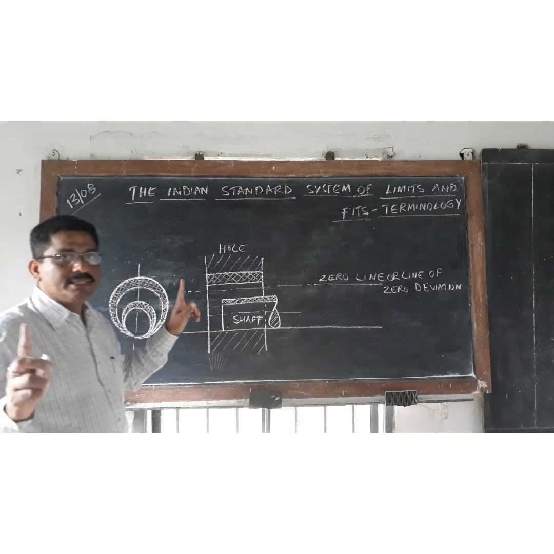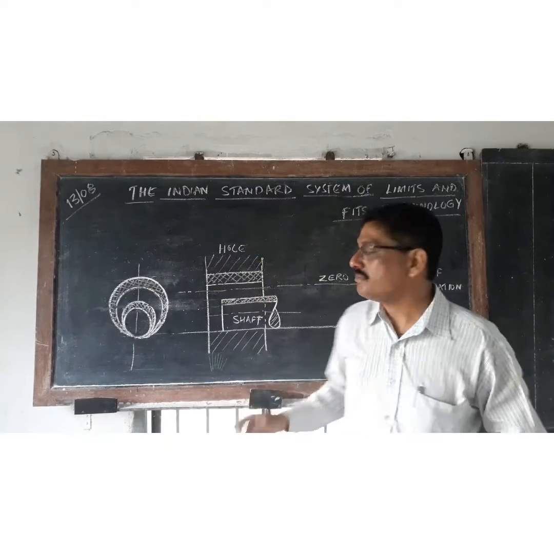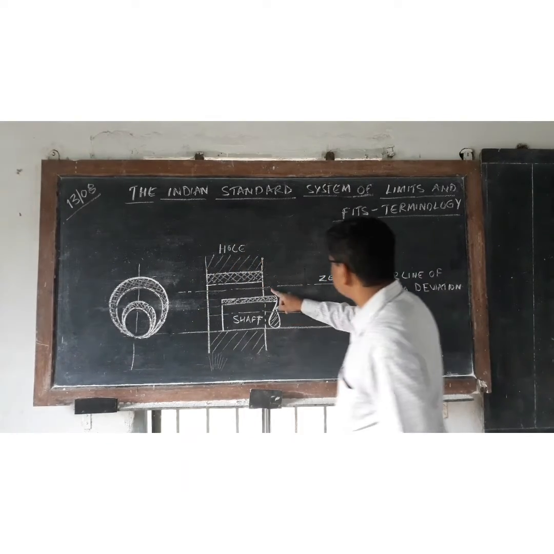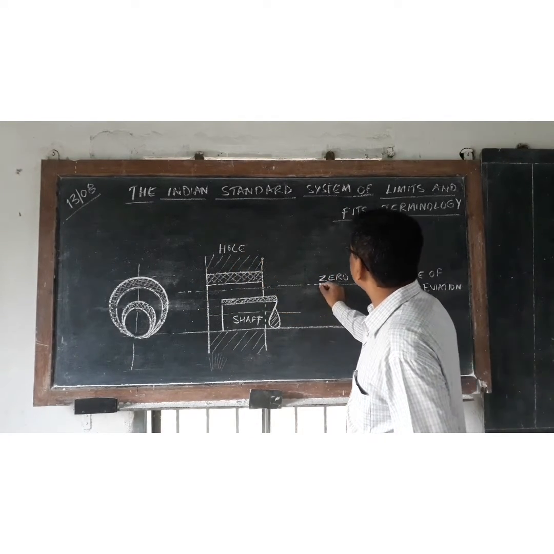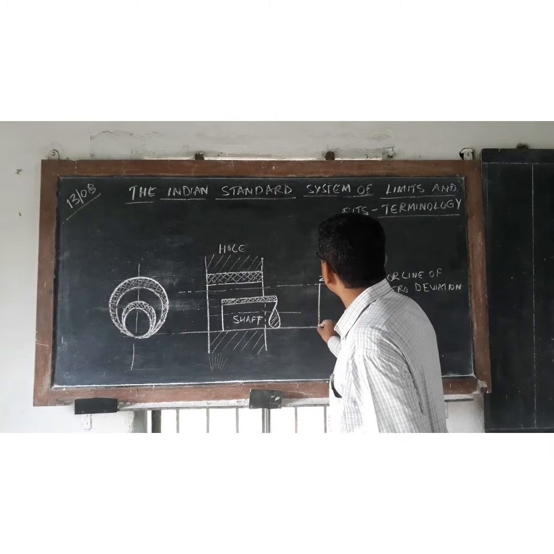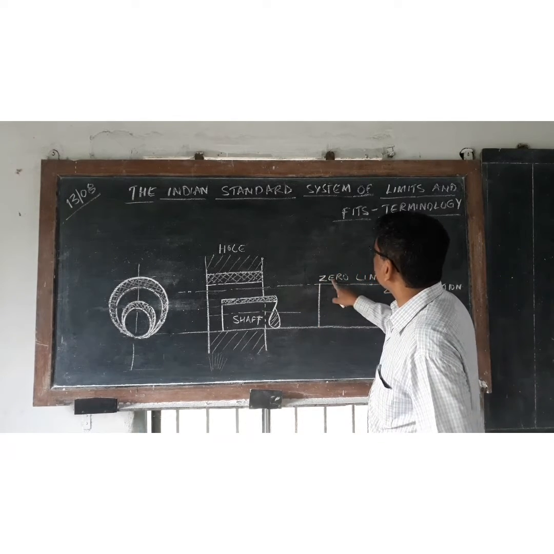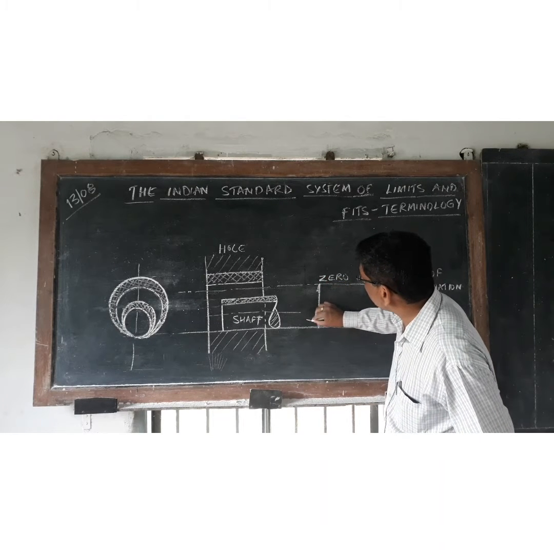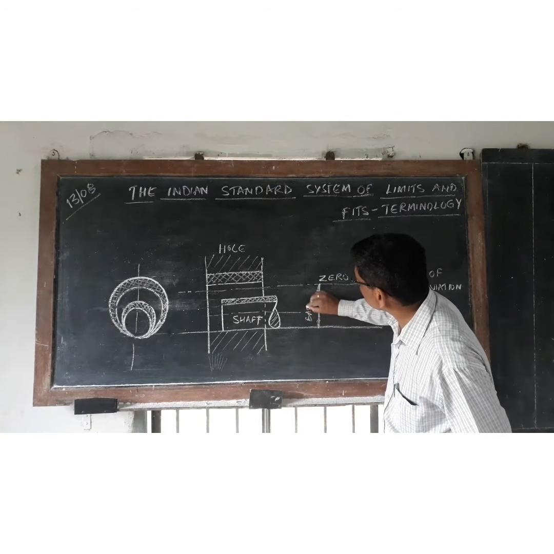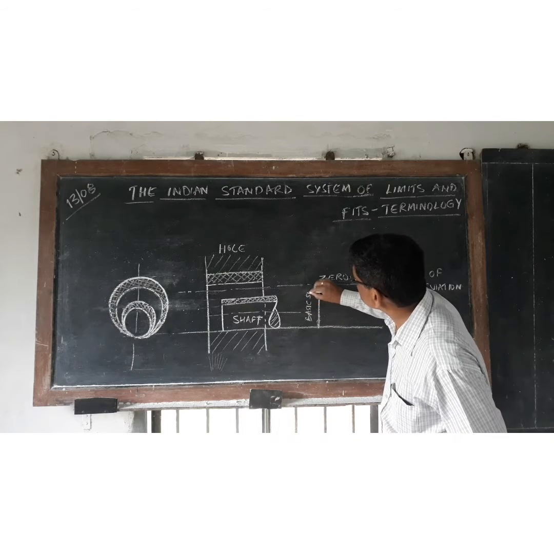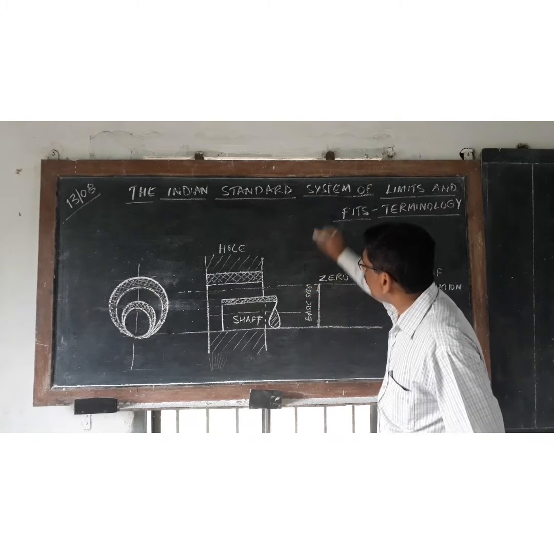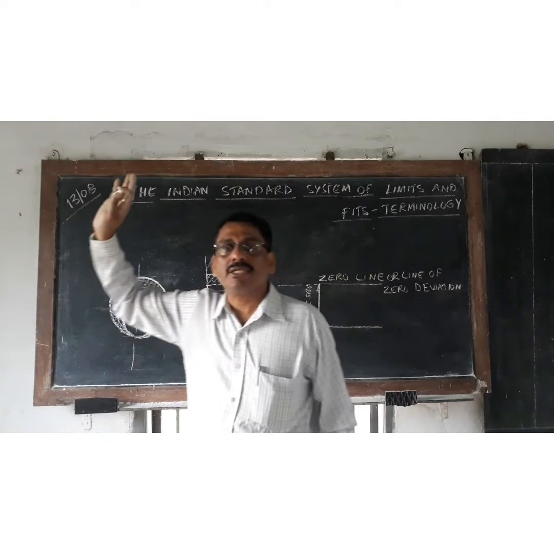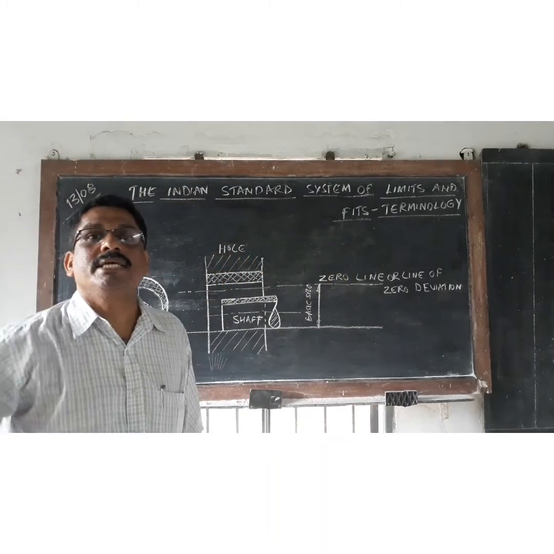So first, always, it is taken as the basic size. From here up to the zero line, this is called the basic size. All the deviations will be given on the basic size.